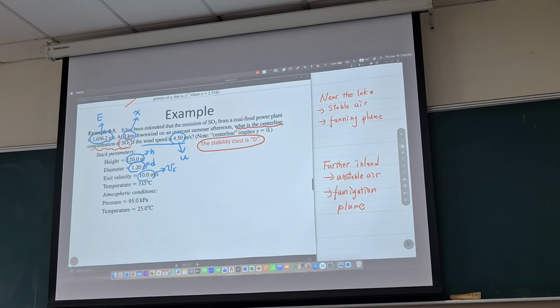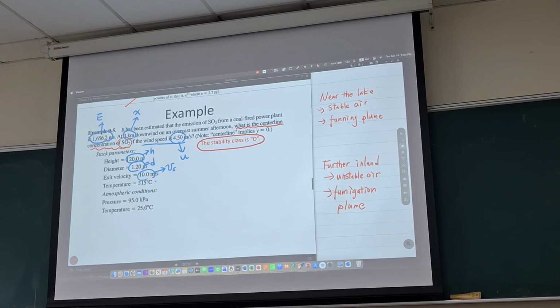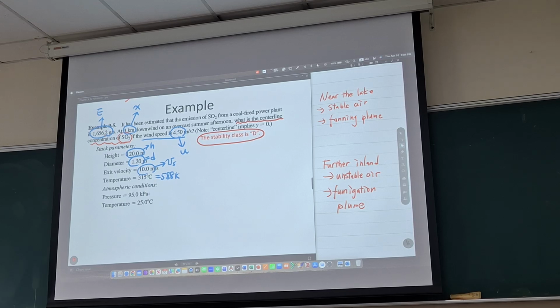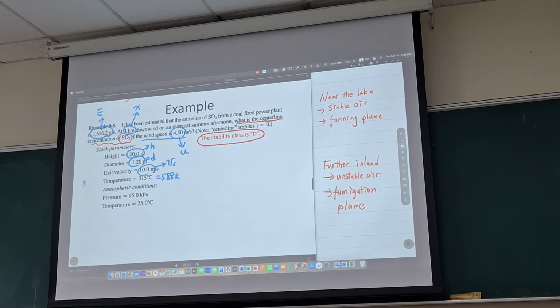We also have temperatures. I just mentioned that you need to convert temperature from degrees Celsius into Kelvin. So this is temperature, but you need to convert it to 588 Kelvin. Write this one down: this is the stack temperature, not the air.